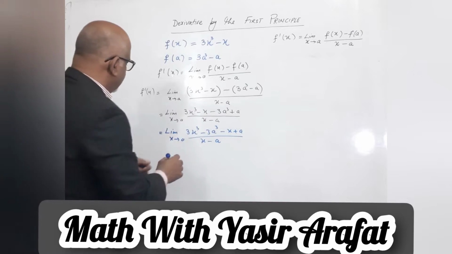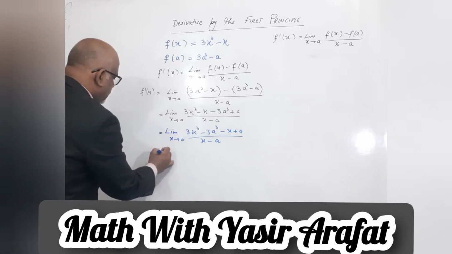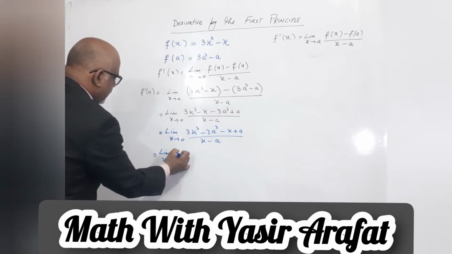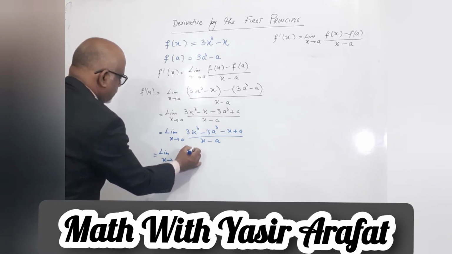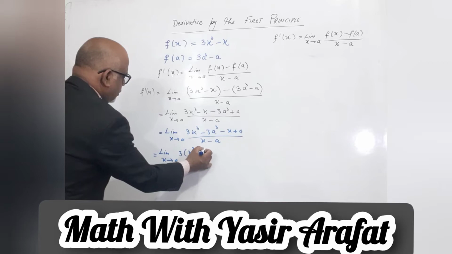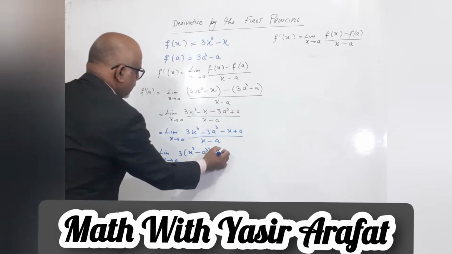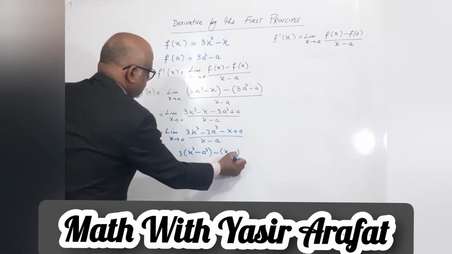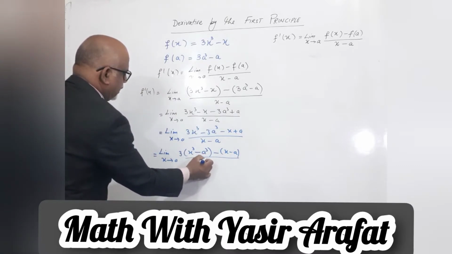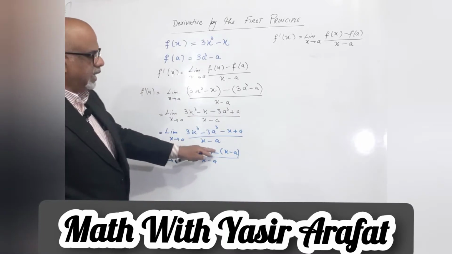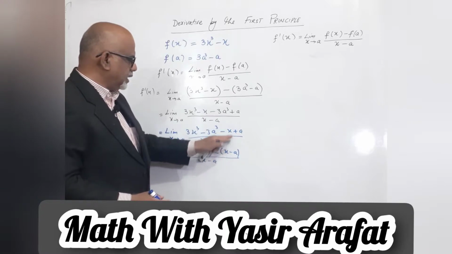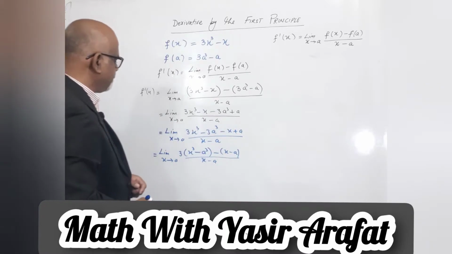Take out 3 common here. So this is limit x tends to a, 3 common, x cubed minus a cubed, and take out minus common, that will be x minus a, because we have to take out the negative sign common, so minus times minus is plus.